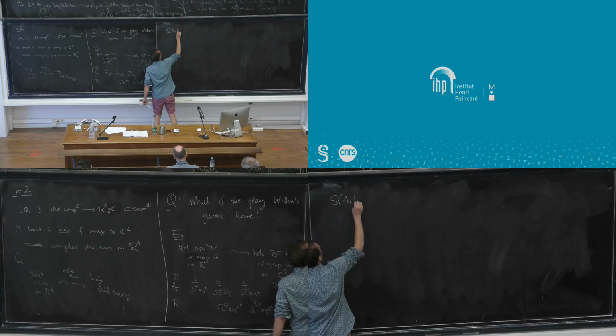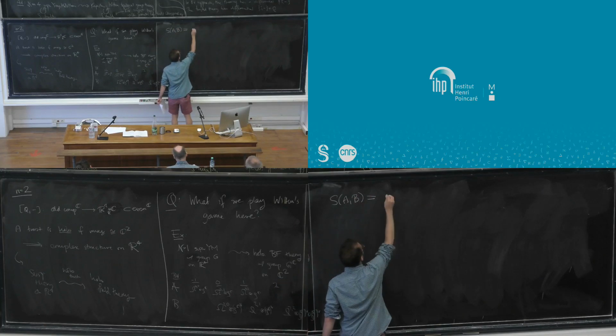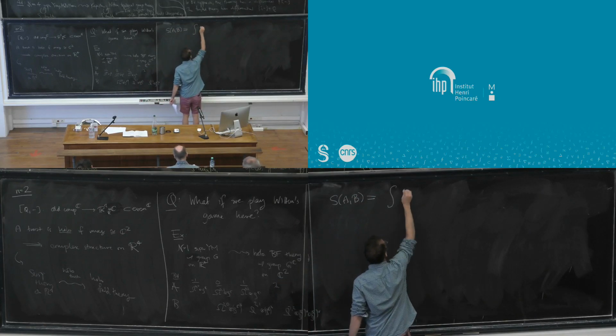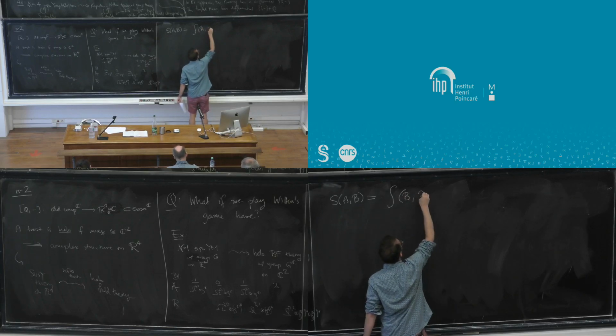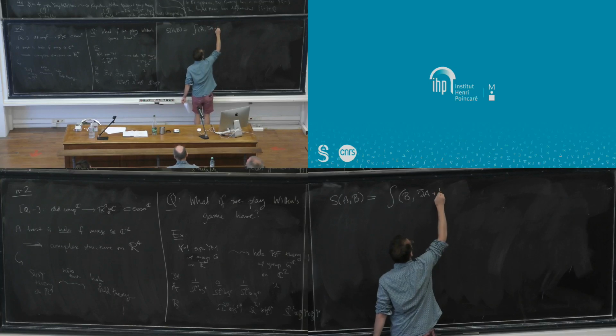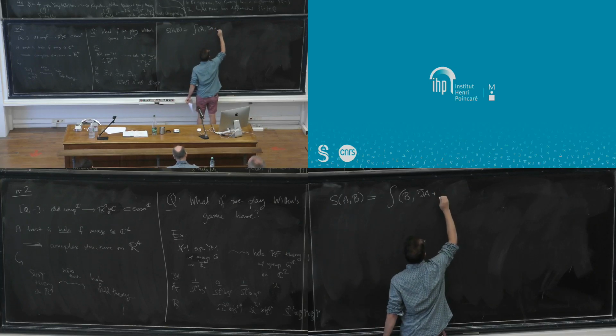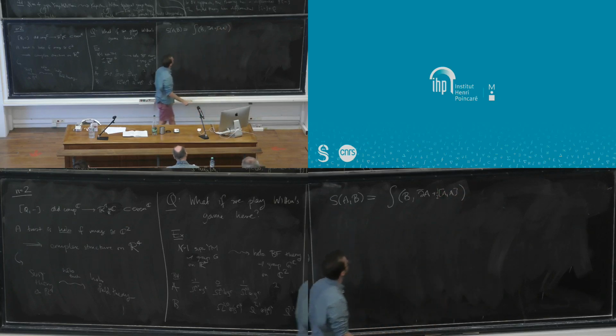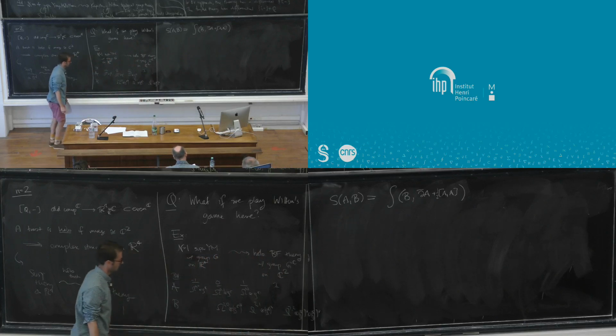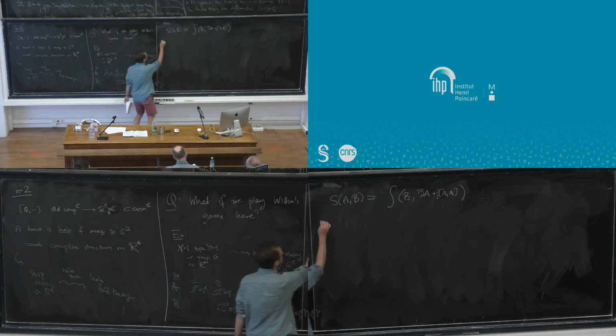And for those of you who like BV stuff, this is the action functional. We can use the evaluation pairing between B, del bar A plus A A. Okay. The equations of motion are quite nice.